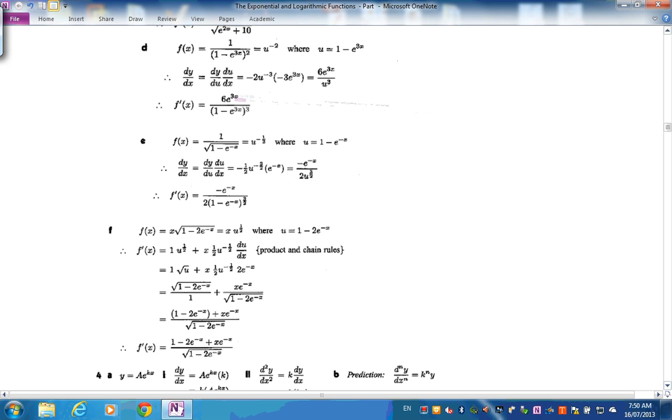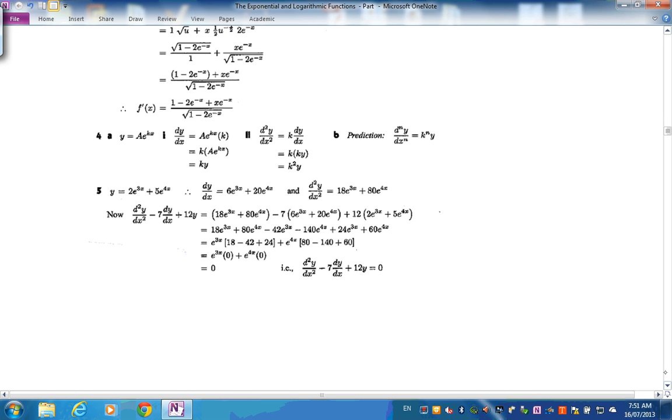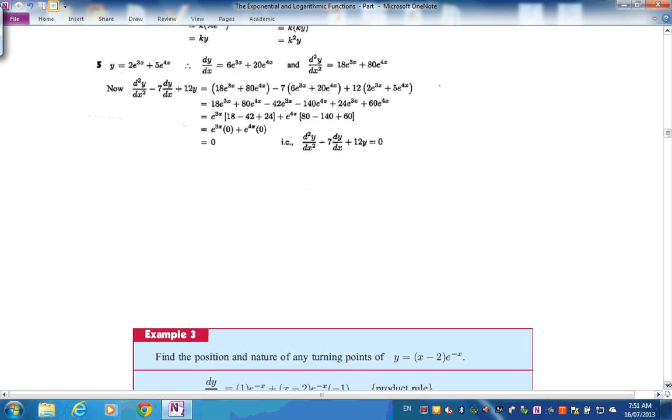Okay, the rest of question 3 there. So down to question 4. Okay, so have a look and see what you think. Okay, let's move on.